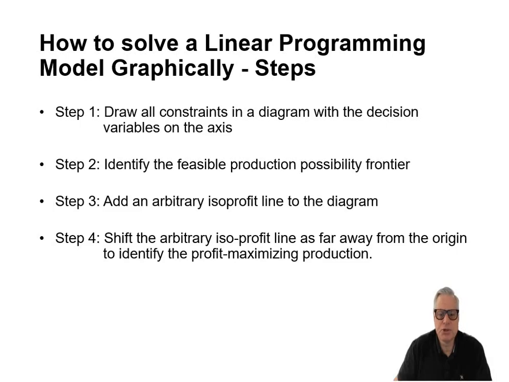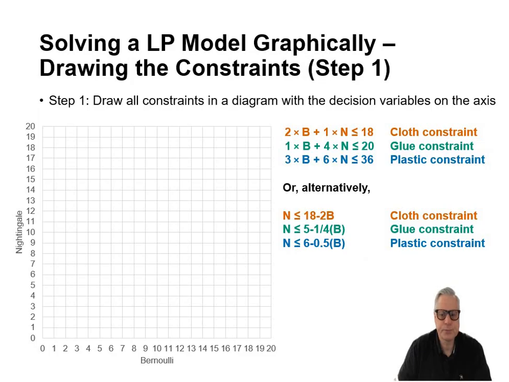So let's begin with step 1, that we draw all the constraints in a diagram. So here, for example, we had the cloth constraint written as 2b plus 1n is less than or equal to 18. And likewise, we could write the glue constraint that 1b plus 4n must not exceed 20. So here to the left you see a diagram where we put Nightingale on the y-axis and the Bernoullis on the x-axis.